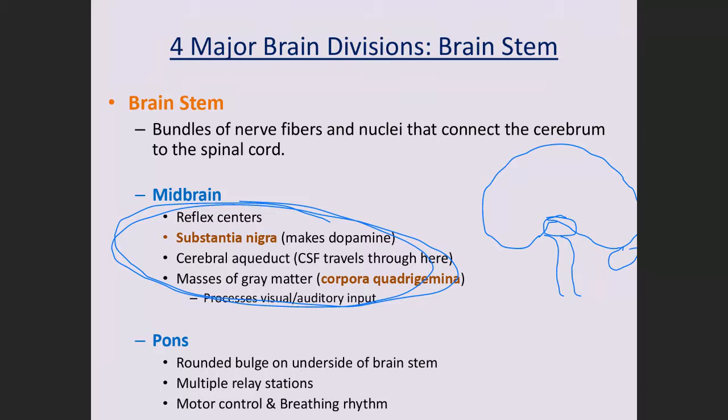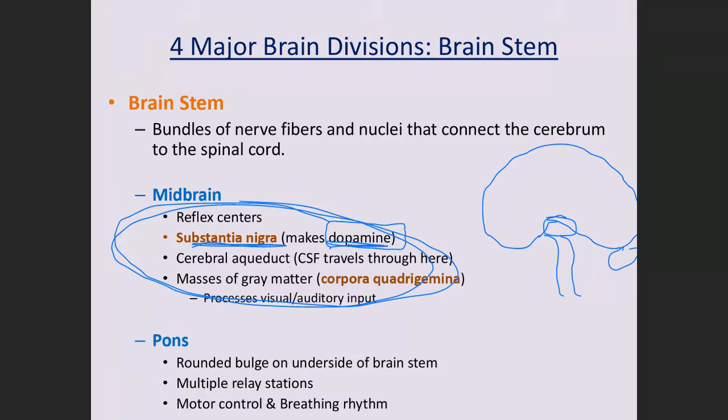And so here you're going to have the reflex centers. You're going to have the substantia nigra, which makes your dopamine. And if you remember from the neurotransmitters you looked at in the previous lecture slide, dopamine is very important for regulating mood. So your midbrain is very important for the regulation of your moods and emotions as well.